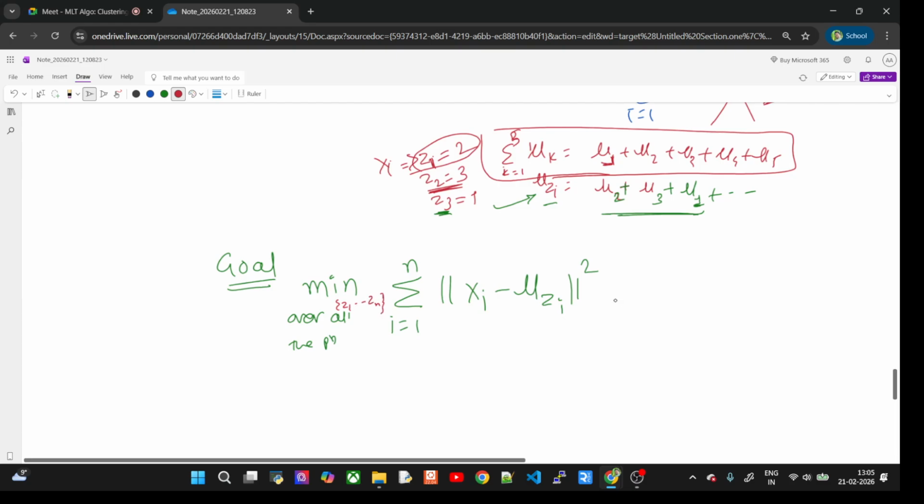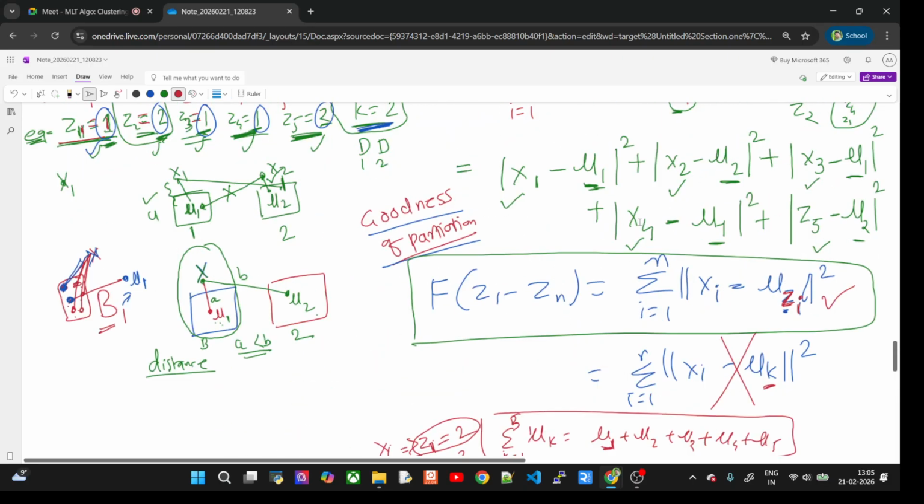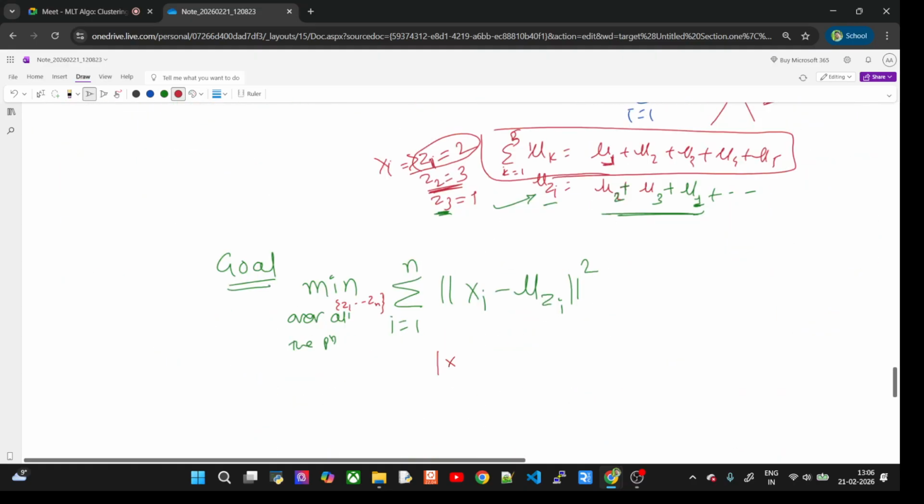So the value I got here is x1 minus mu1 square, x2 minus mu2 square, x3 minus mu1 square, x4 minus mu1 square, and x5 minus mu2 square.